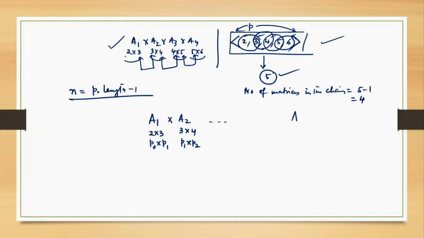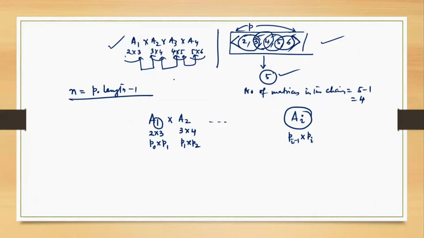So if I have the matrix Ai, its dimension should be Pi minus 1 into Pi. This is a very vital concept. This is very important for algorithm design, so be careful about it. If you have a matrix, you must identify its index, that is A1 or A2. Its dimension should start from its index minus 1 into its index, that means P0 into P1.